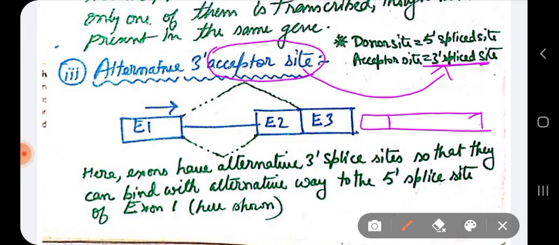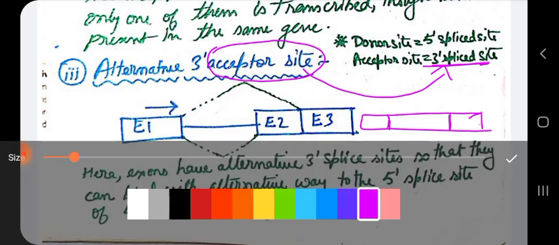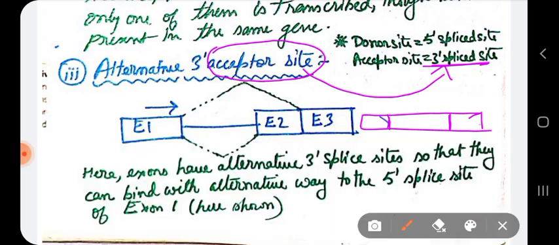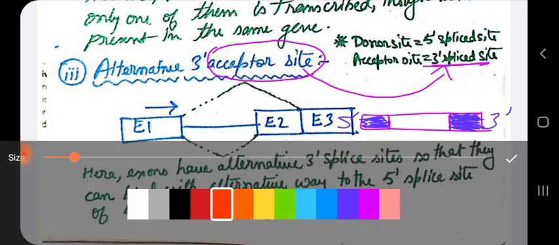So if this is an exon, and this is another exon, I am drawing the exons in purple color, and this is your 5 prime, this is your 3 prime, and a blank space is the intron, suppose.